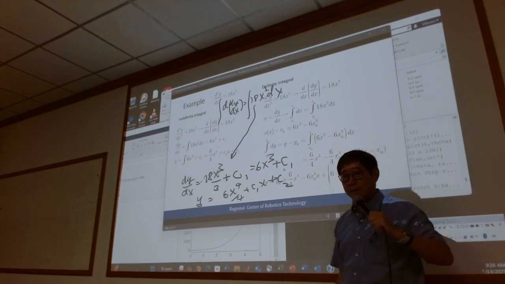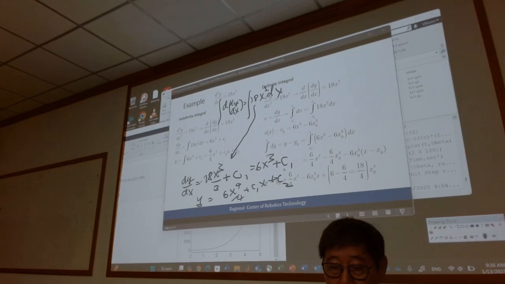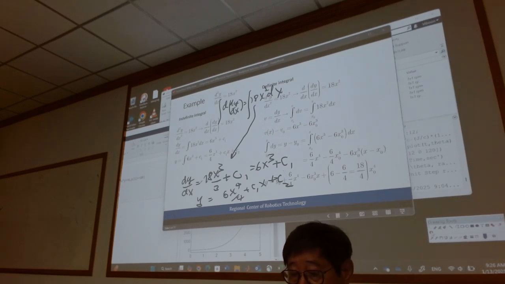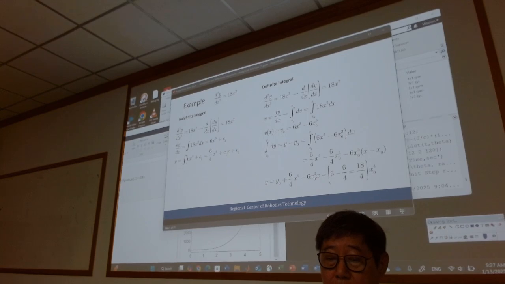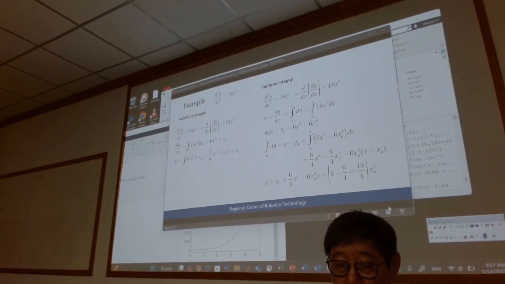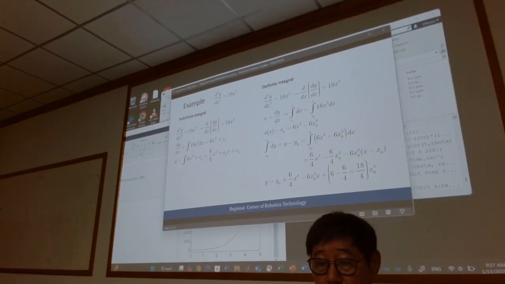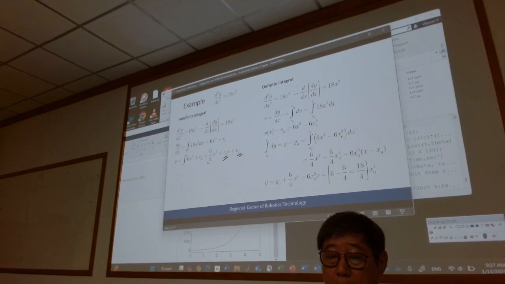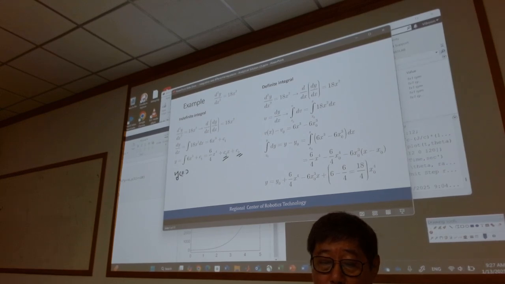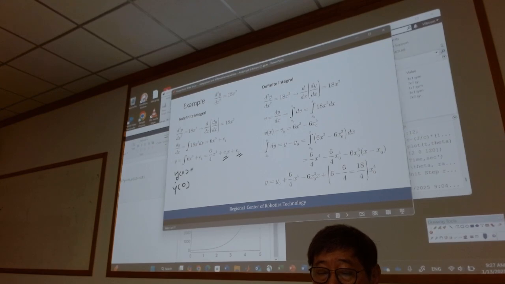I tried to show you the indefinite integral. If you use the definite integral, it's also the same. In this case you have C1 and C2, and you have to solve them, let's say, if you have y0 and y dot 0.